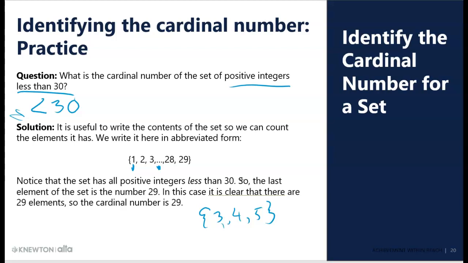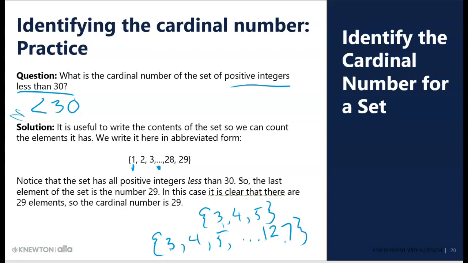So if I had a set that started at 3, 4, 5, and went, let's say, to 27, and I said, what's the cardinality of this set? Now, you could write it all out and count it because it's small enough, but what if it weren't small? What if it were 127? If you do 127 minus 3, you're going to get 124, but that's actually going to be 1 short because it doesn't count the 3.